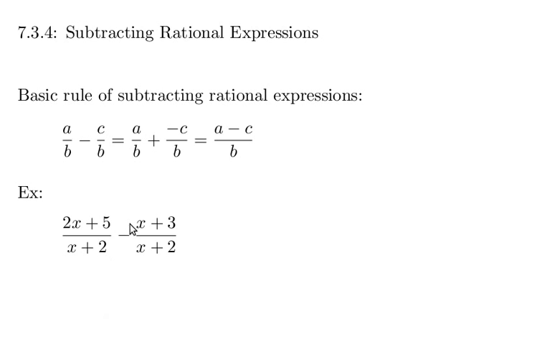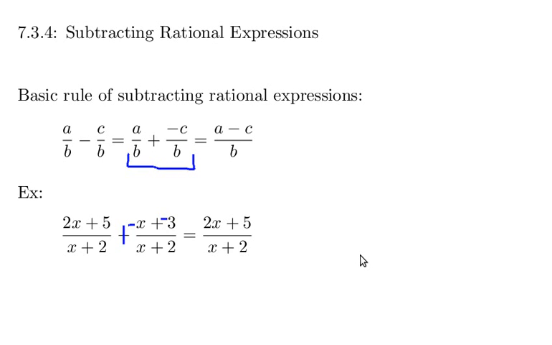So what I want to do is think of this as adding the opposite. It's not uncommon for people to say, oh, minus x plus 3, and then they subtract the x correctly, but then they add the 5 and 3, and that's not right. So I'm going to change this from a minus to a plus, and then change the sign of everything here. I'm going to rewrite this using that concept.